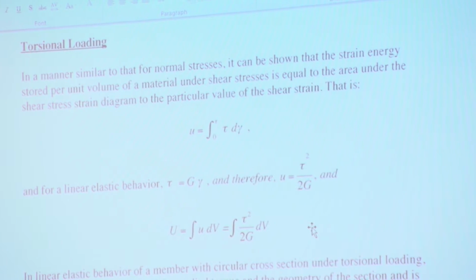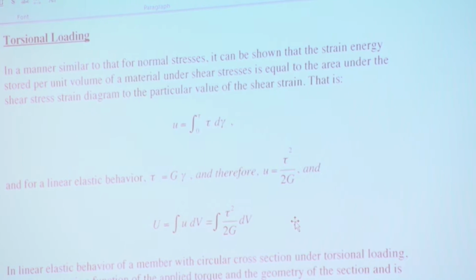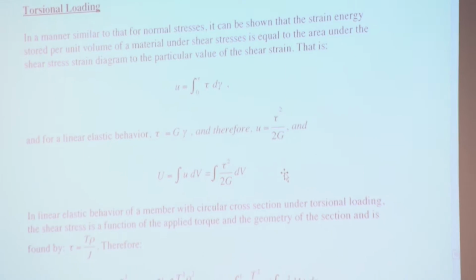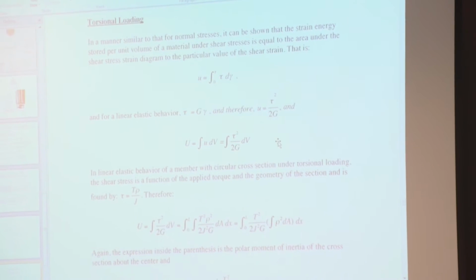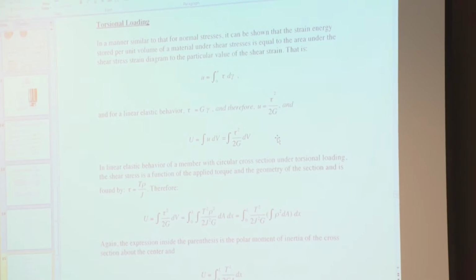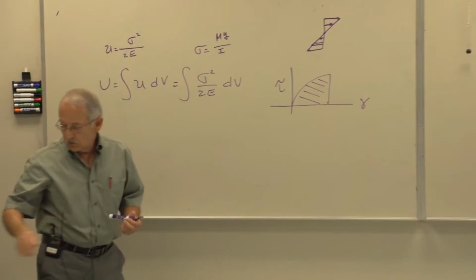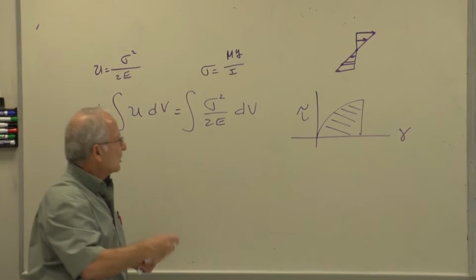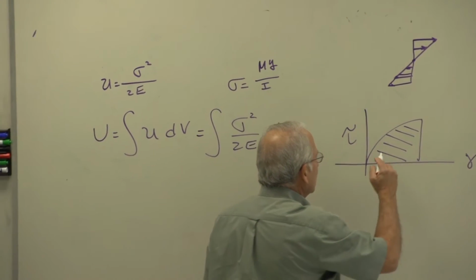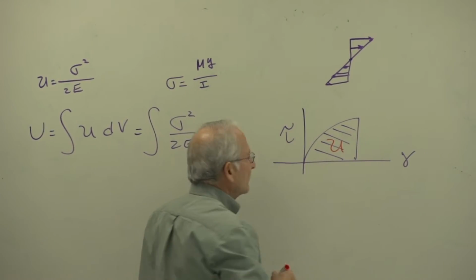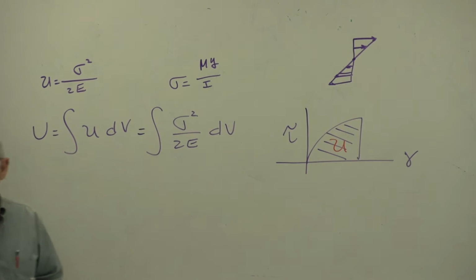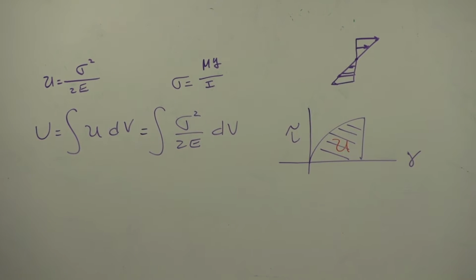So if this is the stress-strain diagram in shear, the area under the stress-strain diagram will give you the strain energy density, u, only due to shear.